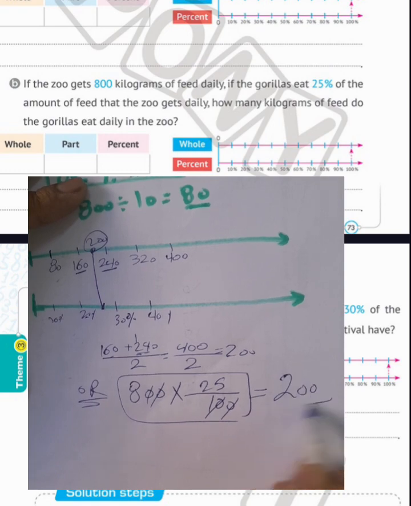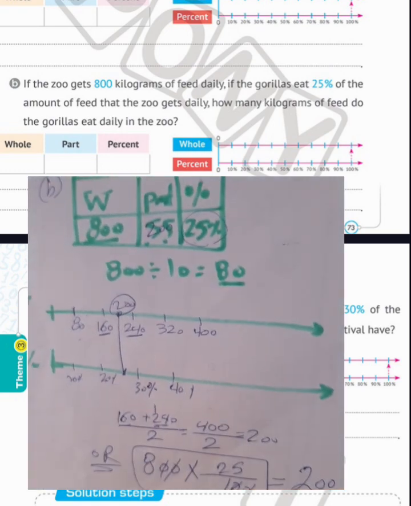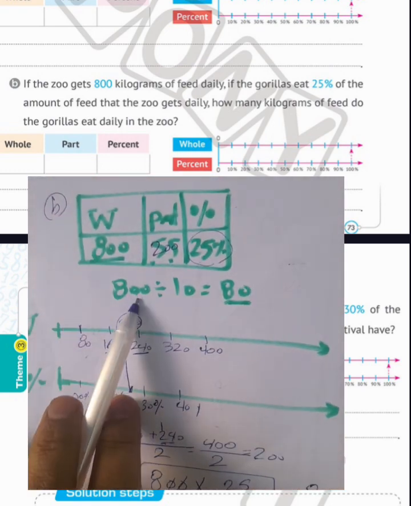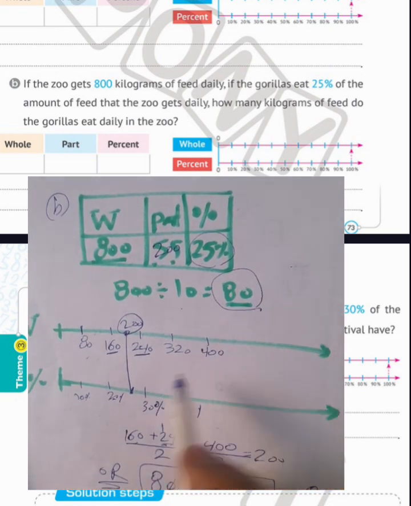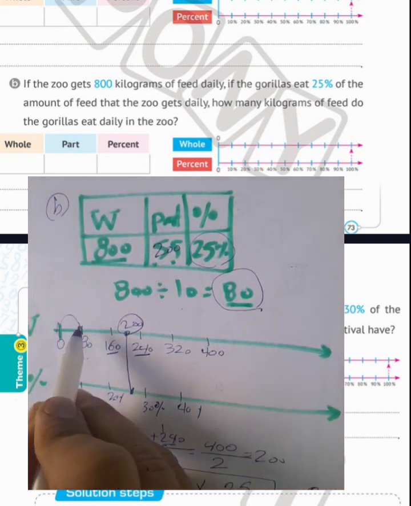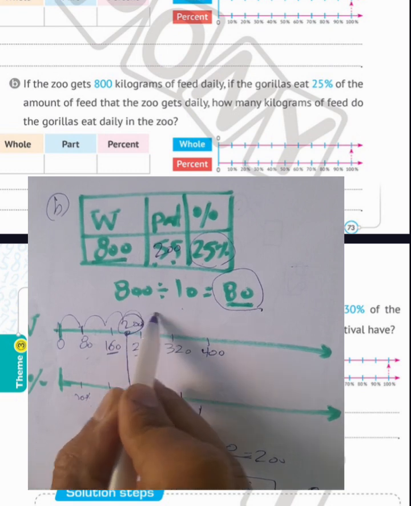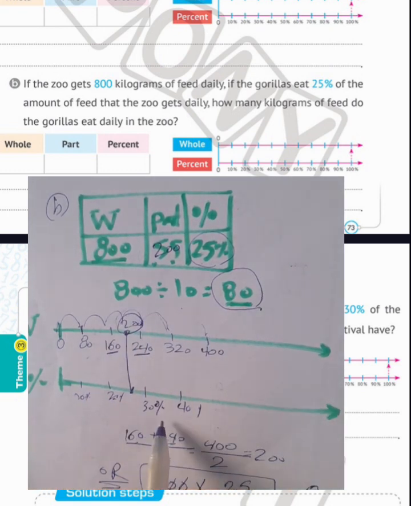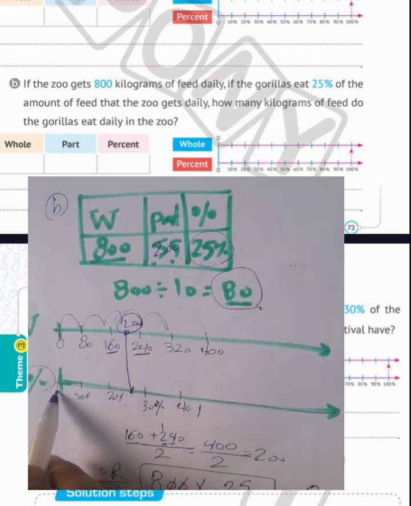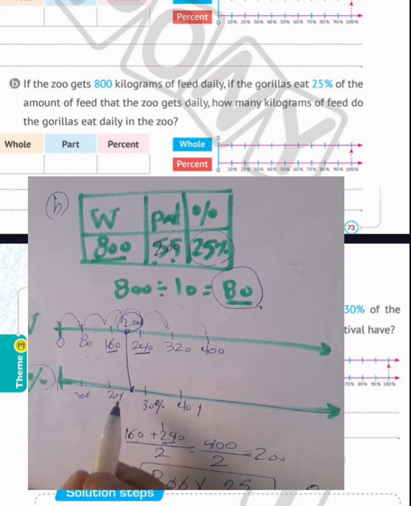The result will be 200. Again, first step, you can write the whole number divided by 10. The result will be 80. Then we take 80 multiple times: 80, 80, 80. And going to the percentage number line, look at the number 25%, it corresponds to 200.